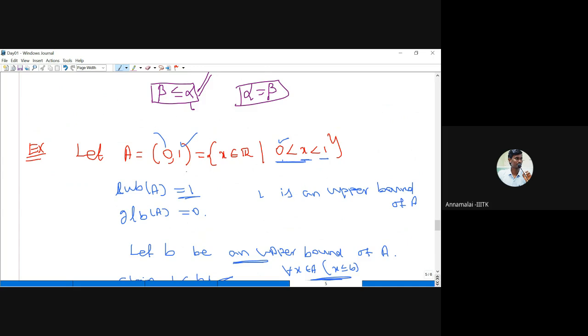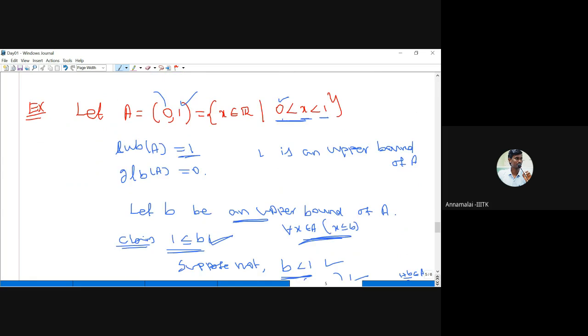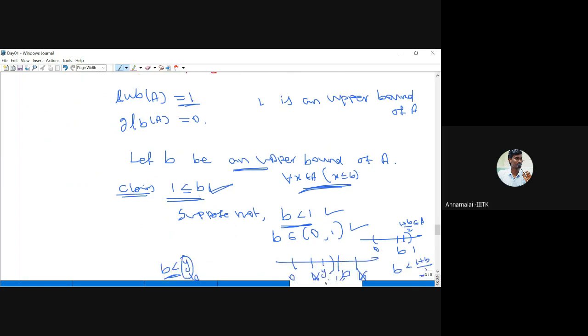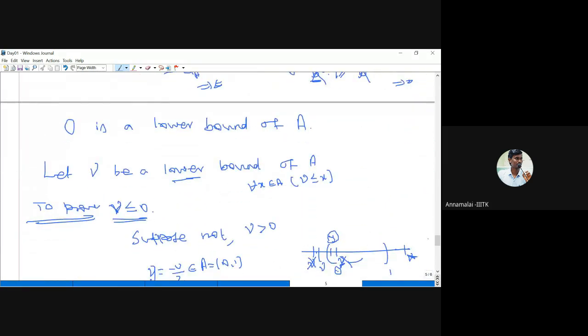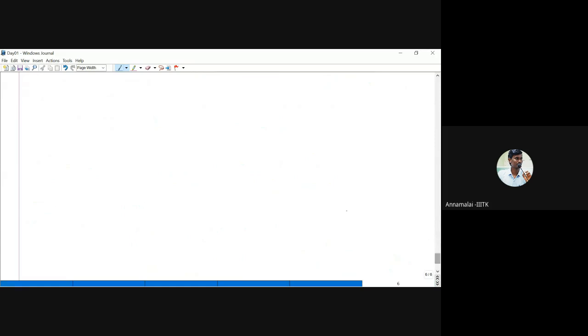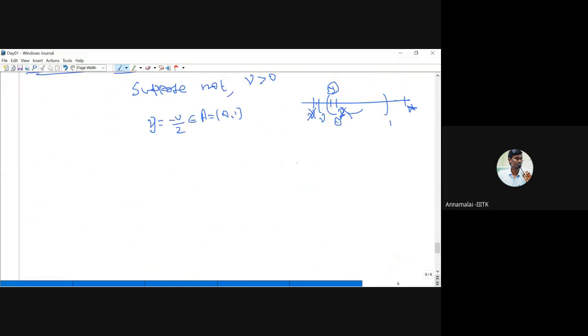Now the important property of real numbers: if you take any bounded above set, definitely it has a least upper bound. So the existence of a least upper bound. That property is called the LUB axiom. It's a very powerful result in real analysis. What the LUB axiom says is that it guarantees the existence of the supremum for a bounded above set.